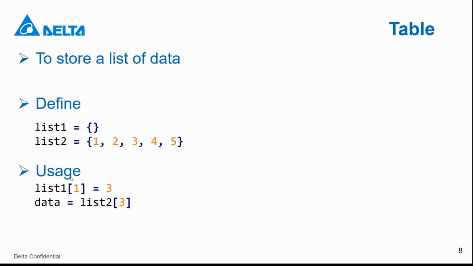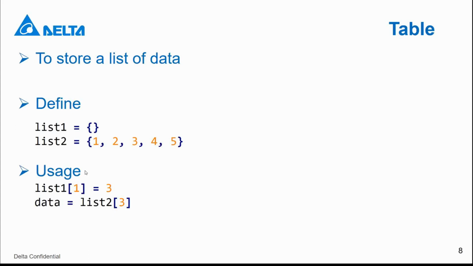And then how to use it? This is similar to other languages like C. You put the list name first and then use the brackets with the index inside. This is index 1. And by the way, in this table the index starts from 1, not 0. So we set index 1 equal to 3.